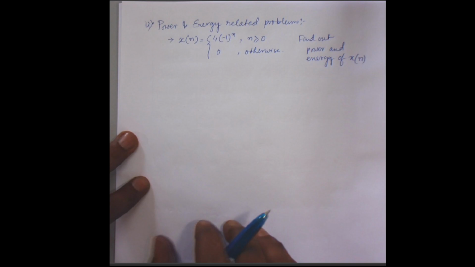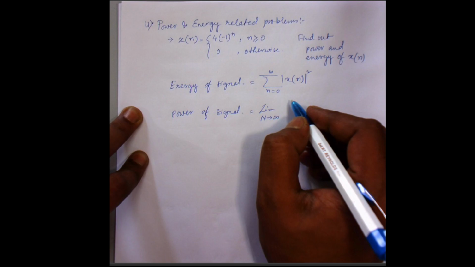The power of a signal is limit n tends to infinity, 1 by n plus 1, summation n equal to 0 to infinity, x of n square.